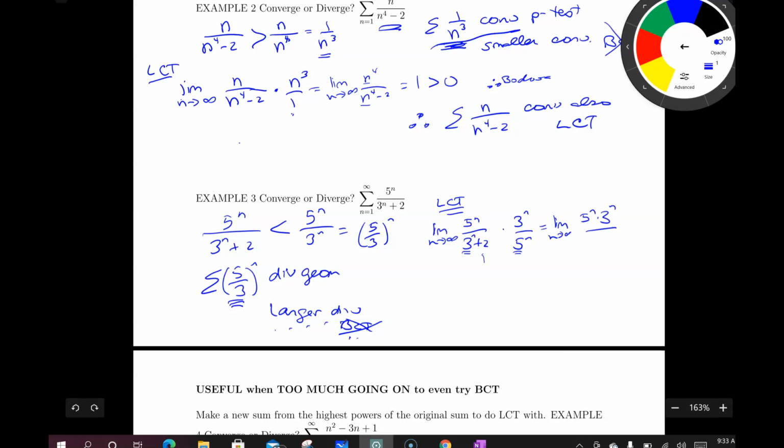So this 2 fades away in the distance, right? 3 to the n, 5 to the n. I can see canceling going on, so I get 1. That gives me bigger than 0. They both do the same thing. So what must this one do? The original one, because I have this one here diverges, I can say this diverges also by LCT.